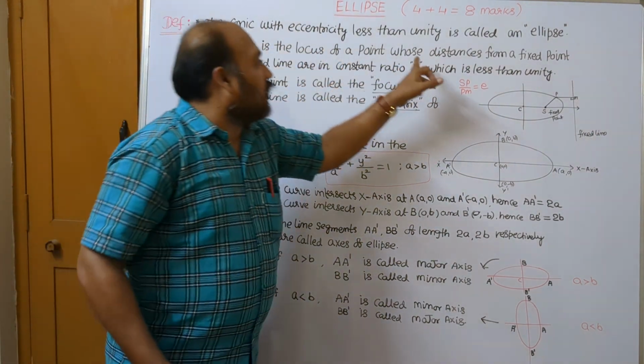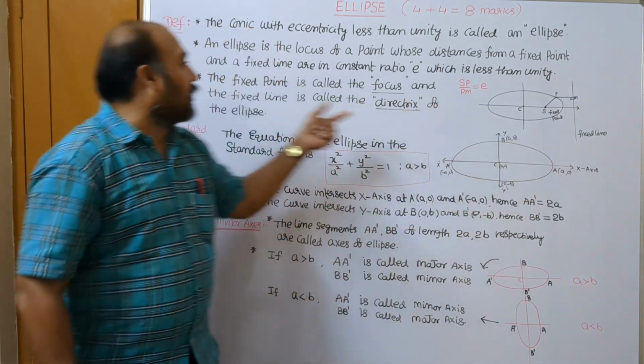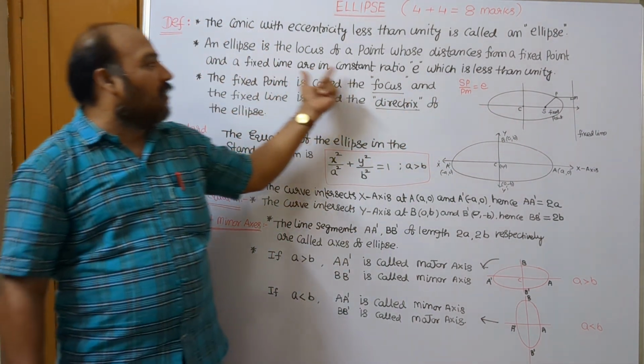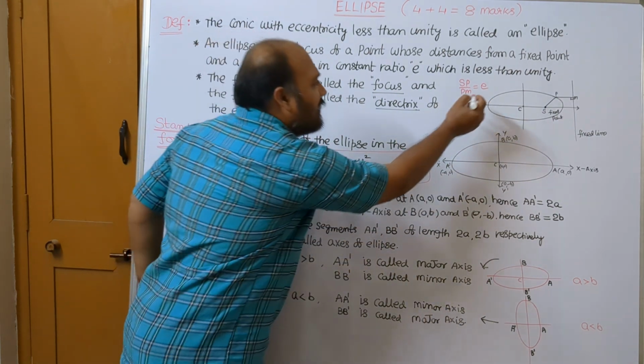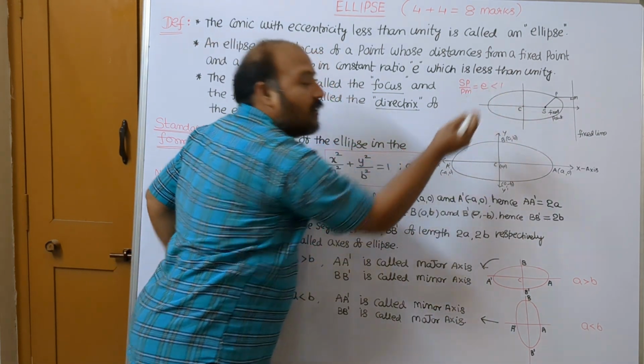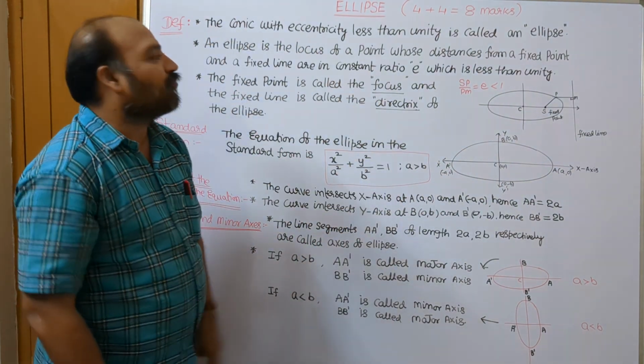An ellipse is the locus of a point whose distances from a fixed point and a fixed line are in the constant ratio, SP by PM is equal to e. Whenever this e value is less than 1, this geometrical figure will become an ellipse.